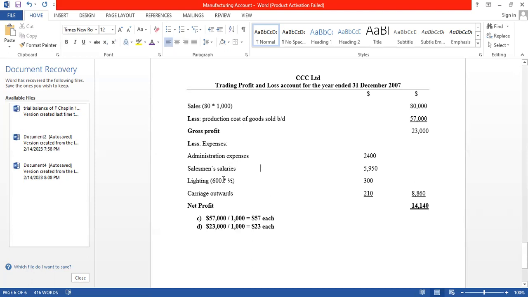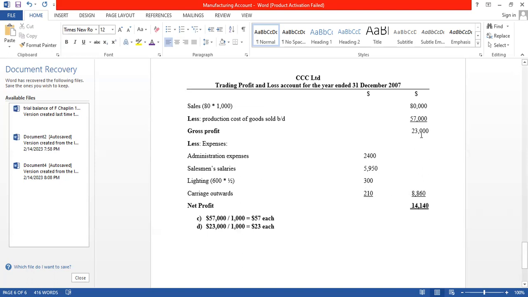In other words, half of $600 equals $300. Then carriage outwards was $210. When you add or find the total of these figures here, you will get $8,860, which you put right beside in the same line as the expenses.